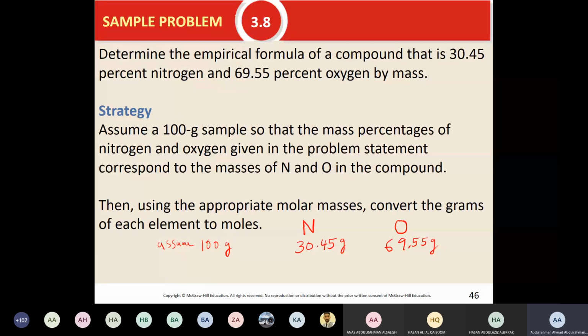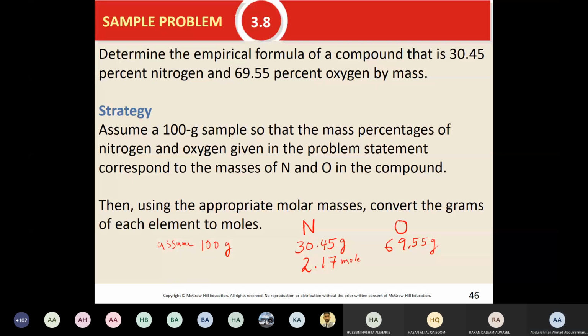What's the molar mass of nitrogen? 14. Divide 30.45 by 14.01. Go ahead. 2.17 mole.